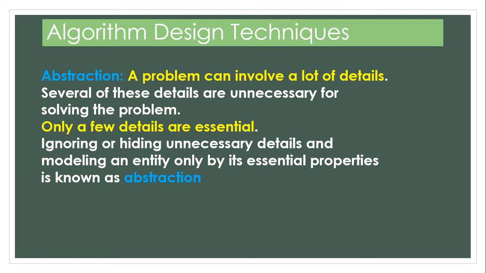But to prepare a cake, we take and use only the ingredients that are needed. We will not use all the unnecessary things. So only the essential ingredients for solving that problem, we take and use. This is called abstraction. So ignoring what is unnecessary for solving the problem and taking only the essential details alone is called abstraction.